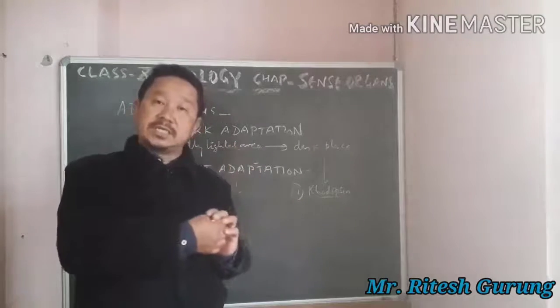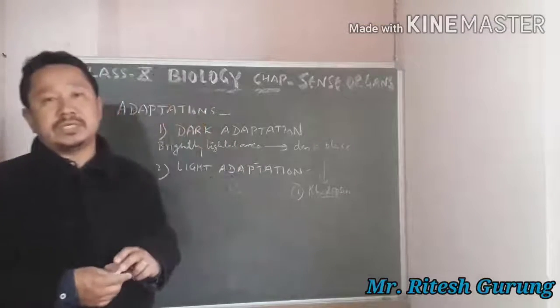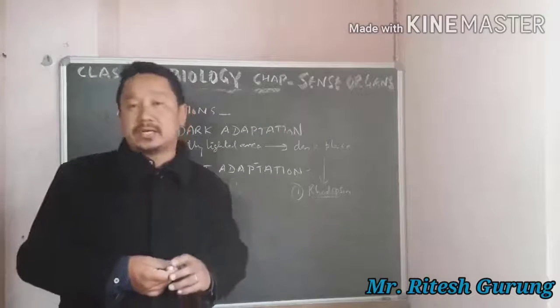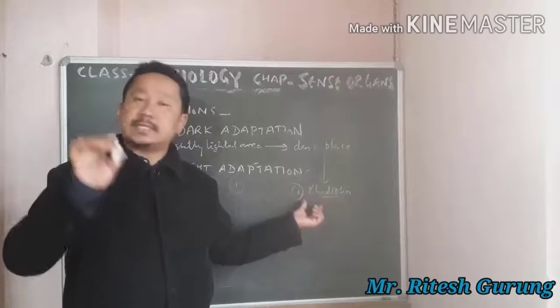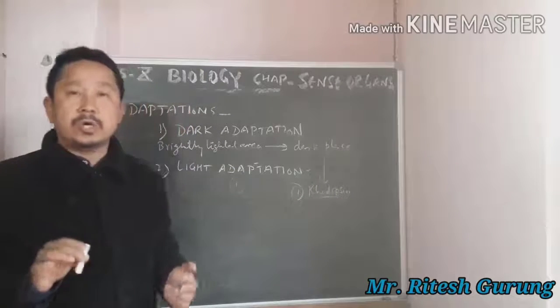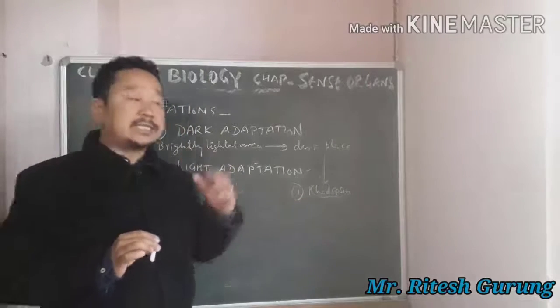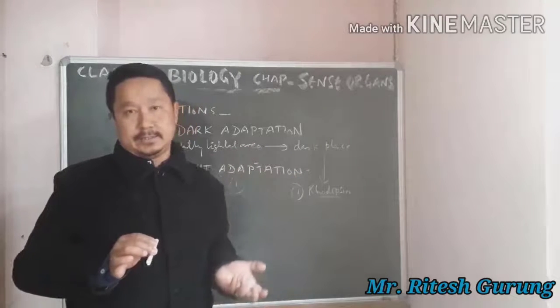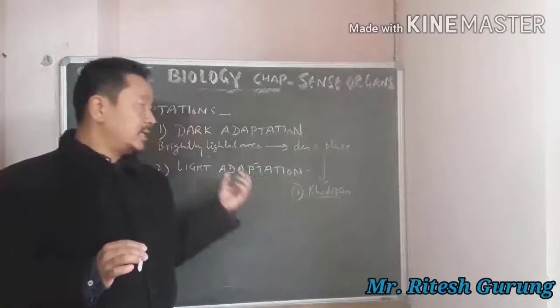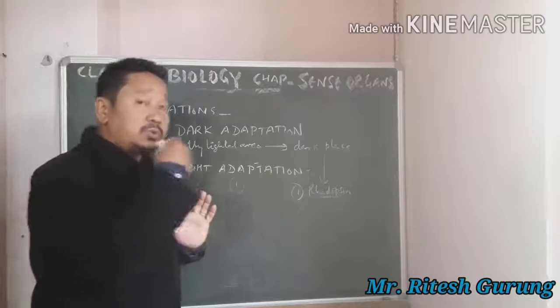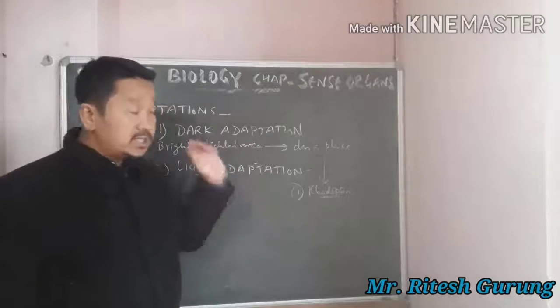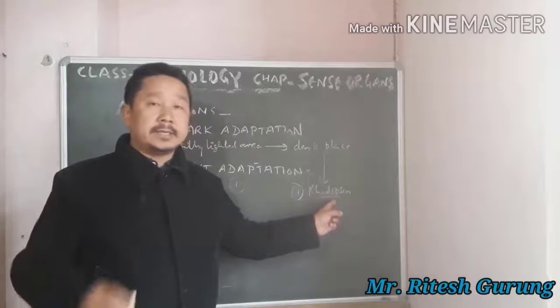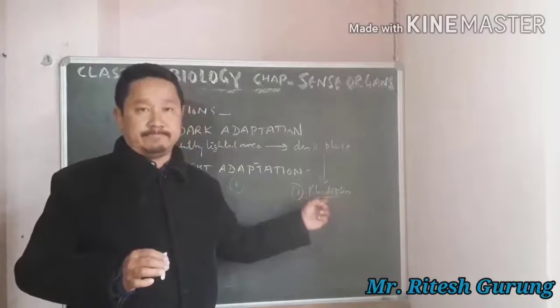As we discussed in the last session, there are 2 types of sensory cells in the retina: rod cells and cone cells. Rod cells are sensitive to dim light, whereas cone cells are sensitive to bright light. So these rod cells contain the pigment called rhodopsin.